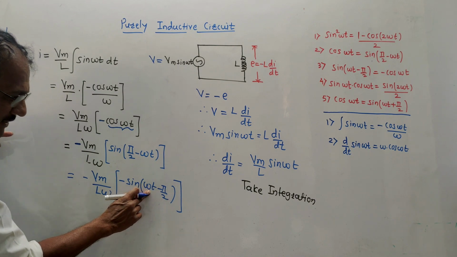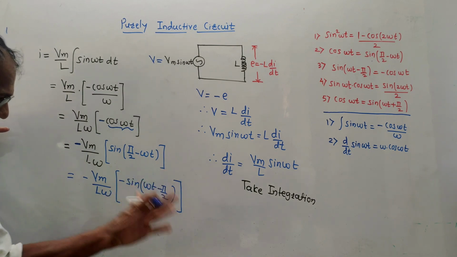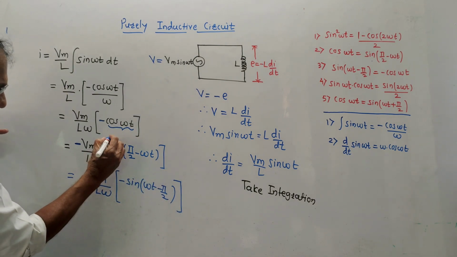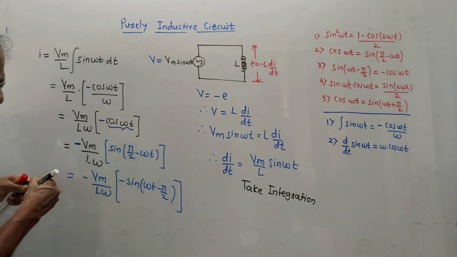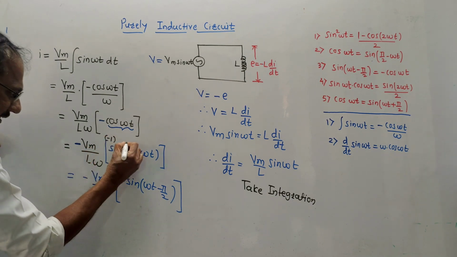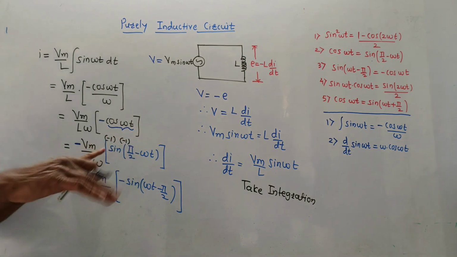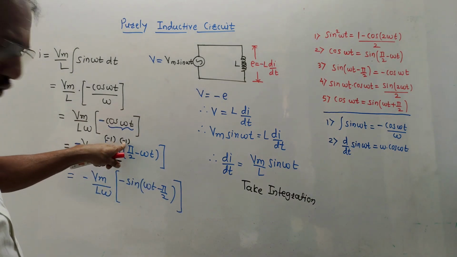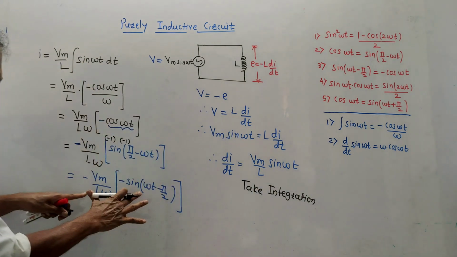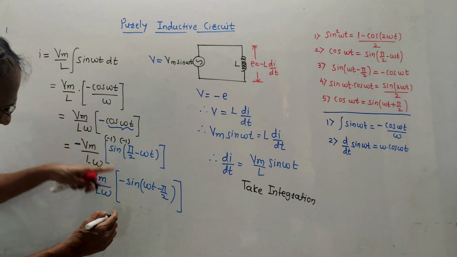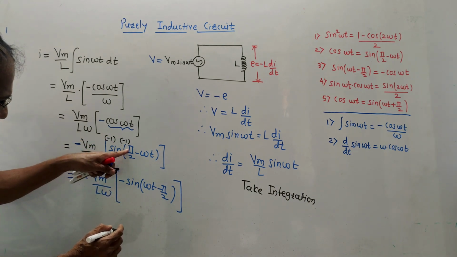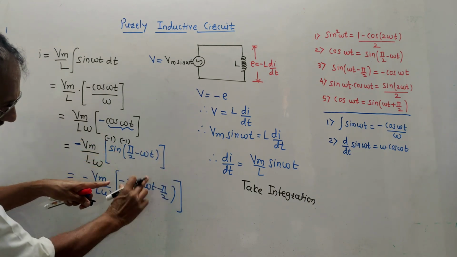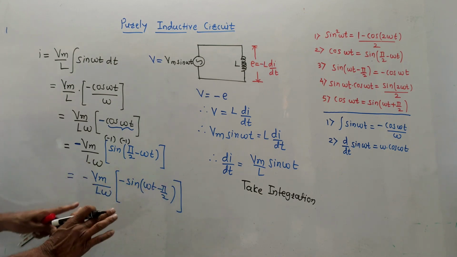I have written it like this, omega t minus pi by 2. Mathematically, minus 1 into minus 1 becomes plus. I'm just manipulating the equation. So this becomes minus sine, then minus pi by 2 plus omega t. I have written it in proper order, omega t minus pi by 2.